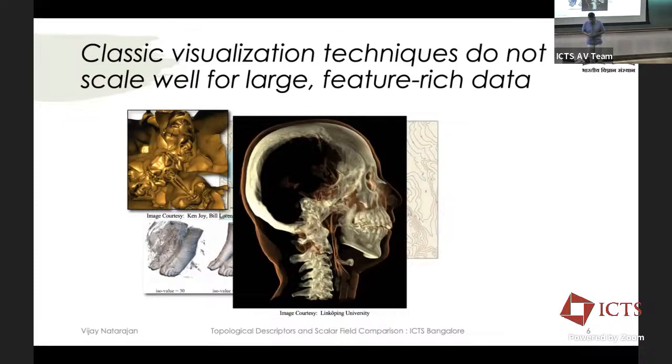So you can imagine that you have a 3D scalar field. In this case, the scalar field is three-dimensional, so at every point in 3D space, I have a scalar value, right? So I design what's called a transfer function. This transfer function is a one-parameter function, so it works on the scalar values.